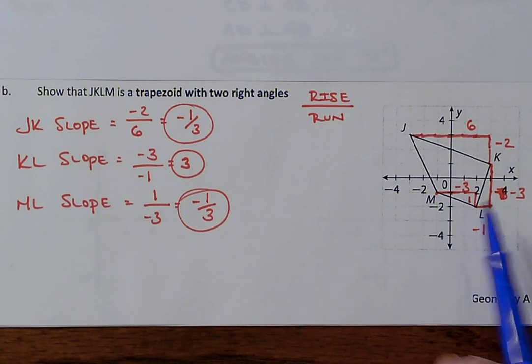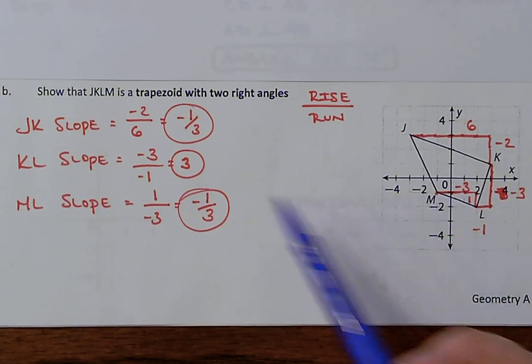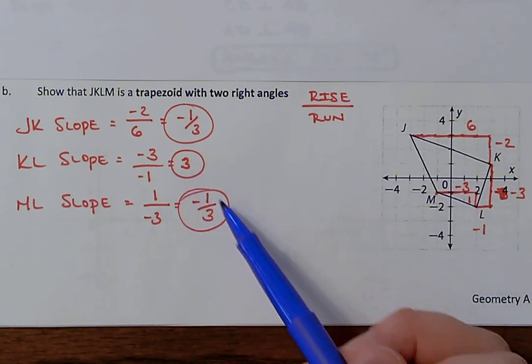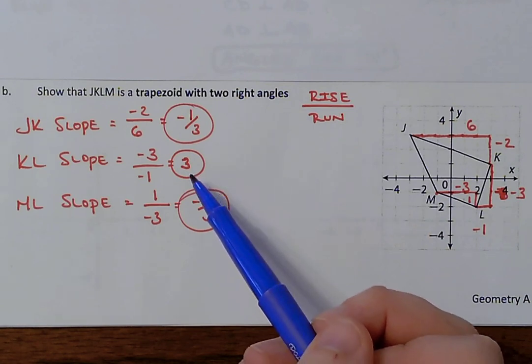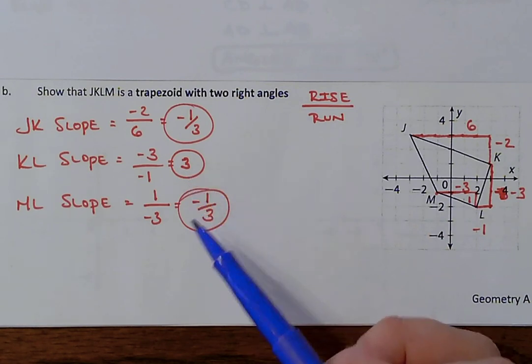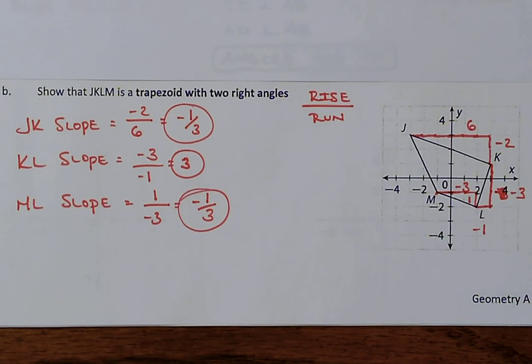And then we need to determine for ML and KL. So KL is 3, ML is -1/3. Are these two opposite reciprocals? They are, because positive to negative, 3 over 1 to 1 over 3. So that fraction is flipped. So we do have opposite reciprocals.